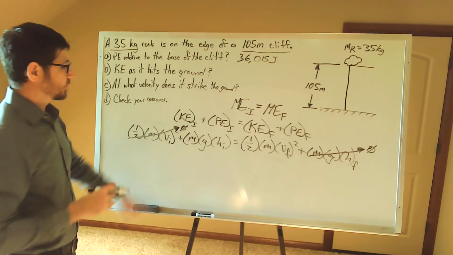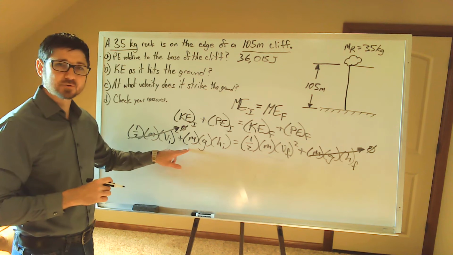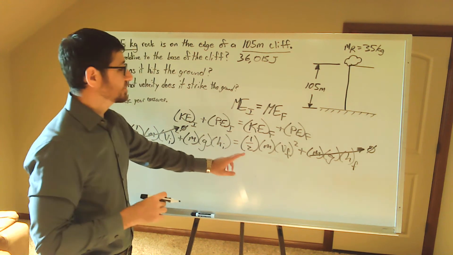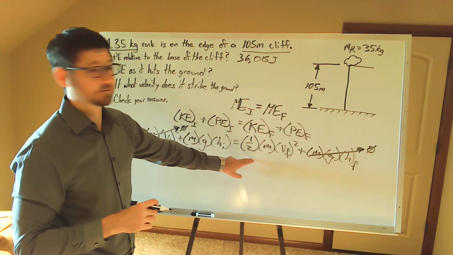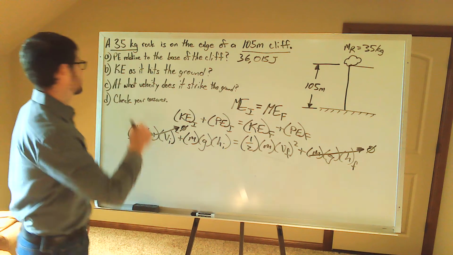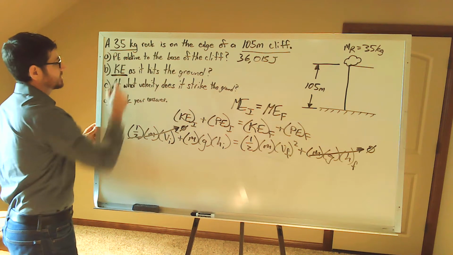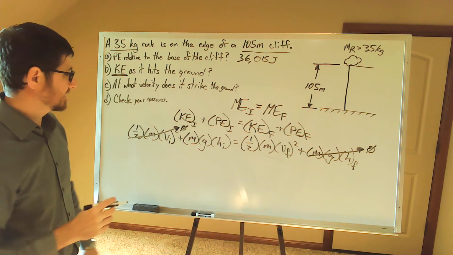Okay? So what I'm left with is the initial gravitational potential energy of our rock is going to be equal to the final kinetic energy of our rock. And the question is asking, what is the final kinetic energy as it hits the ground?